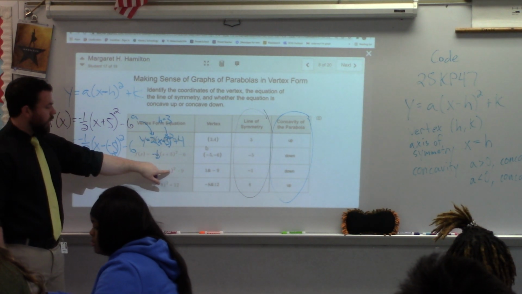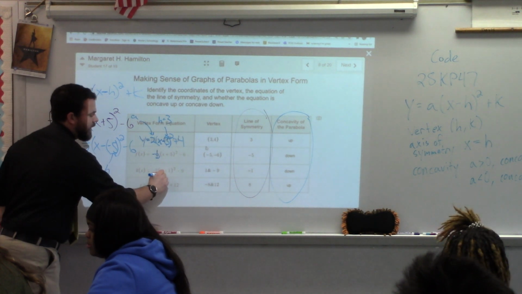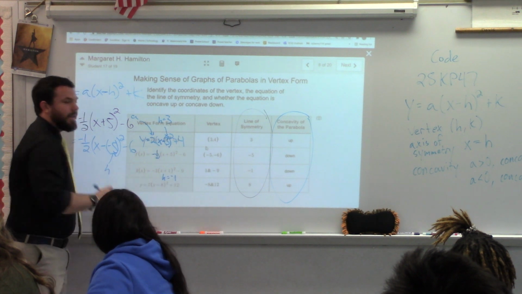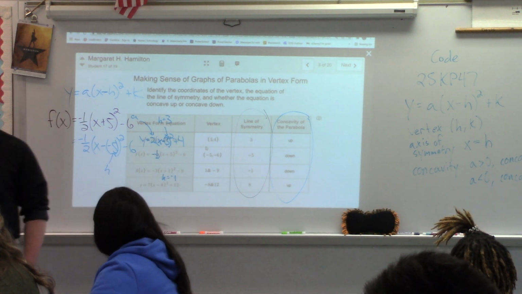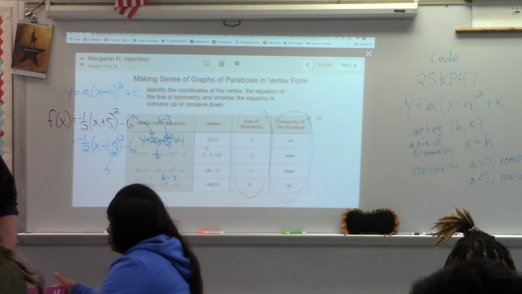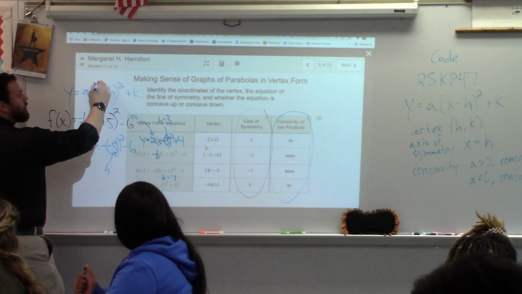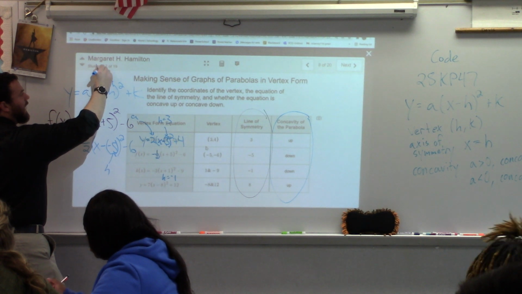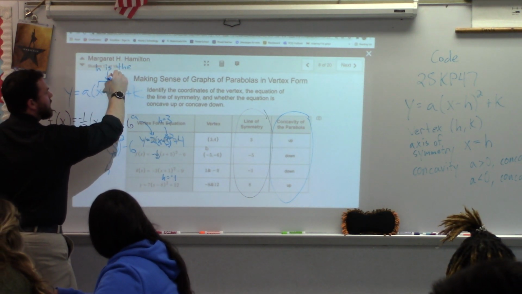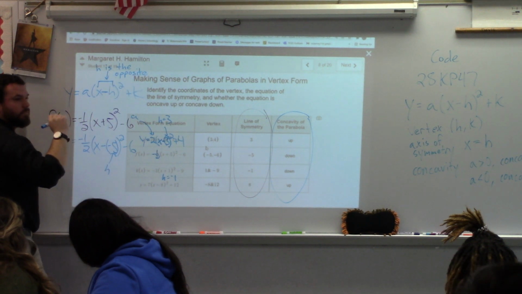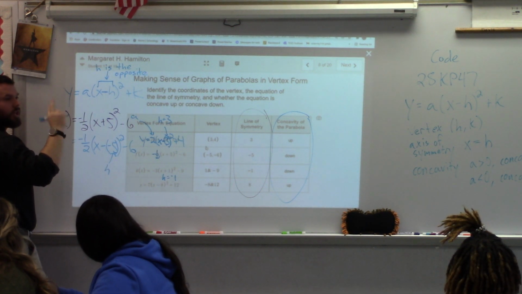When it's x plus 1, what is the value of h there? -1. And so I might write this note down to myself either under axis of symmetry or vertex, because I did mention this. Because we're subtracting, h is the opposite. Meaning that the sign changes, right?